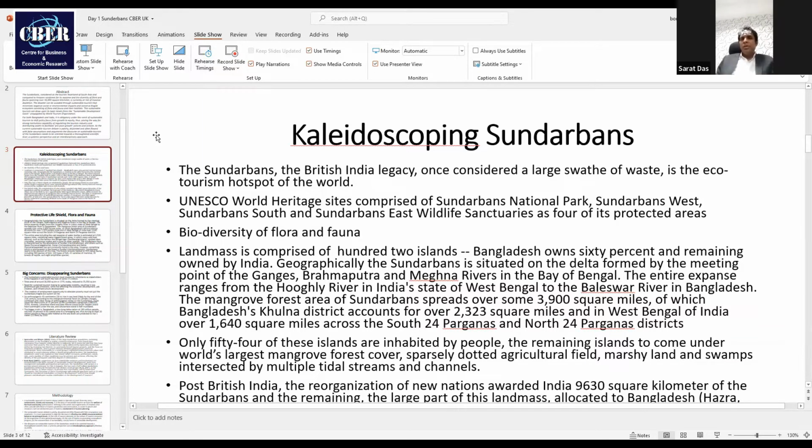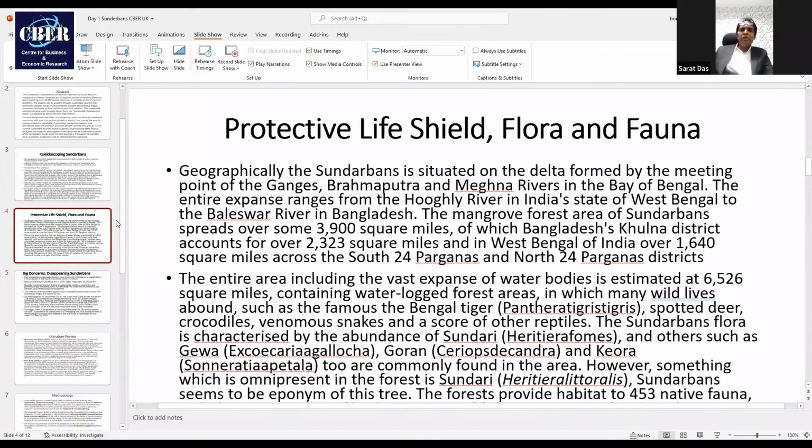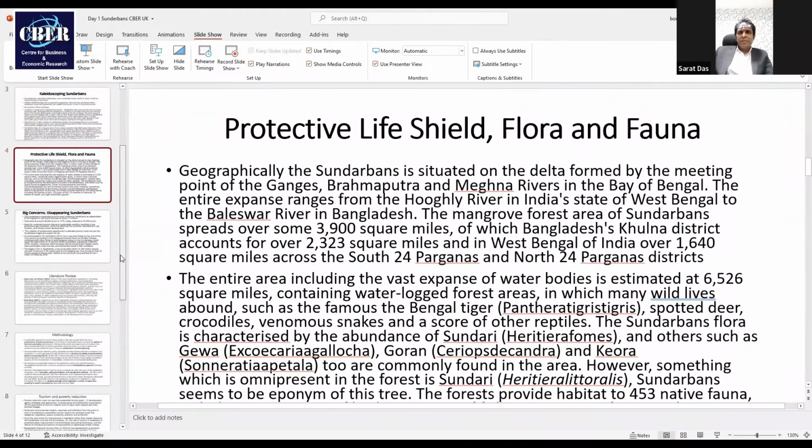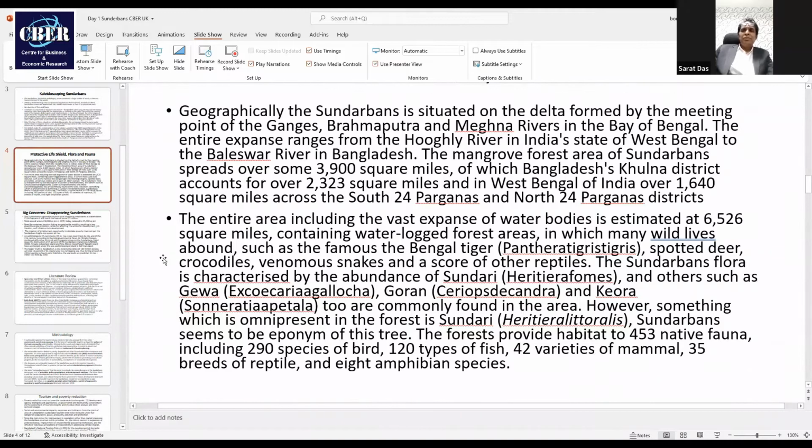Now, if you can go to the next slide, it is primarily going to talk about how this huge landmass creates a kind of protective shield. If you see this, it saves us primarily from soil erosion and disappearance, and it also creates a livelihood for these 2.5 million people that I mentioned.